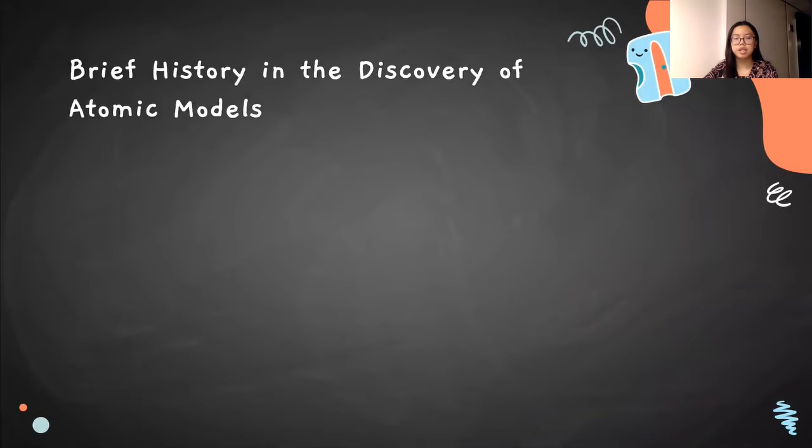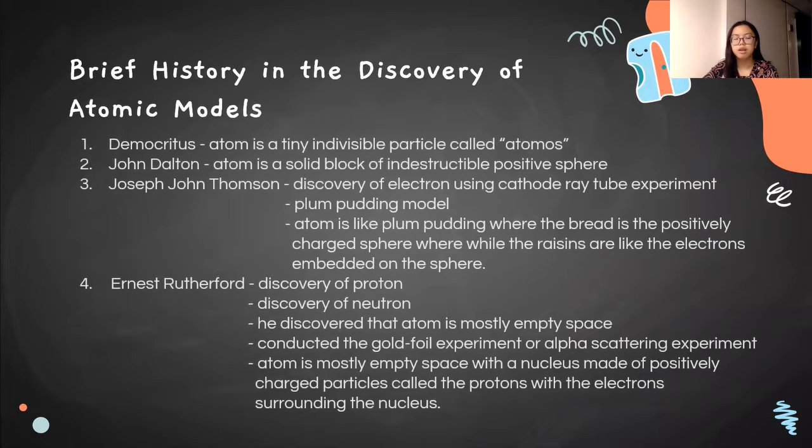Brief history in the discovery of atomic models. First, Democritus: atom is a tiny indivisible particle called atomos. Second, John Dalton: atom is a solid block of indestructible positive sphere.